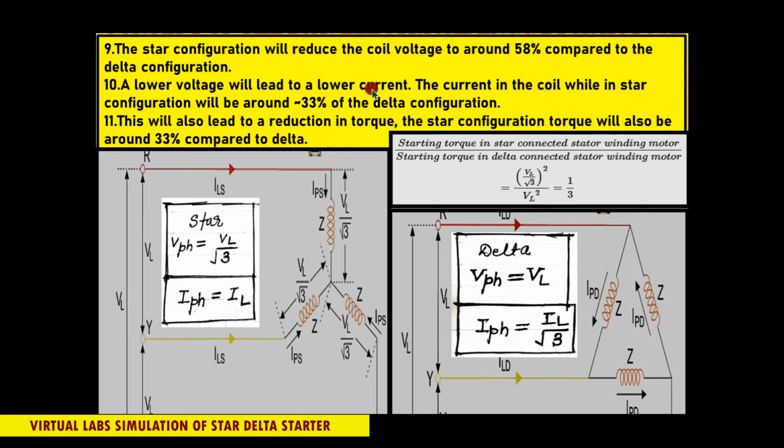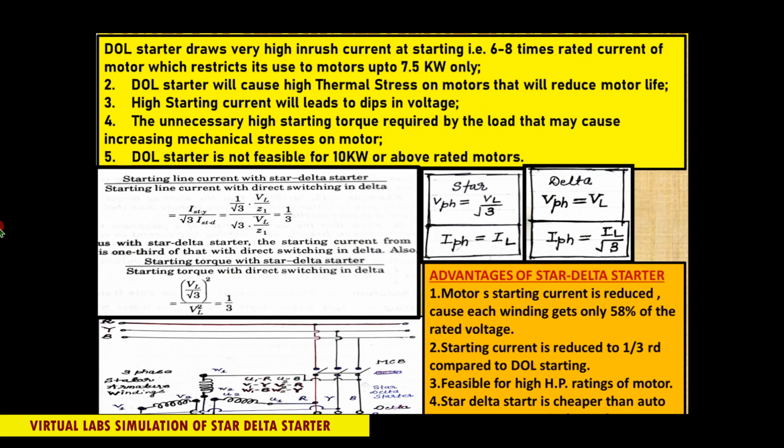The current in the coil in star configuration will be around 33% of the delta configuration, and this will lead to a reduction in torque. The star configuration torque will also be around 33% compared to delta. So this is the important feature.